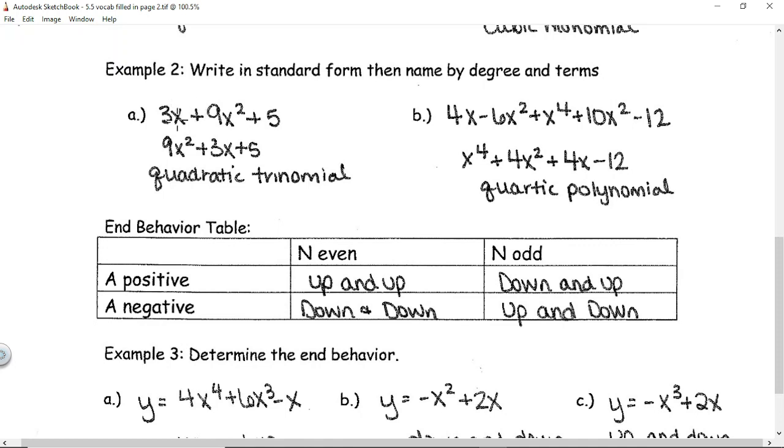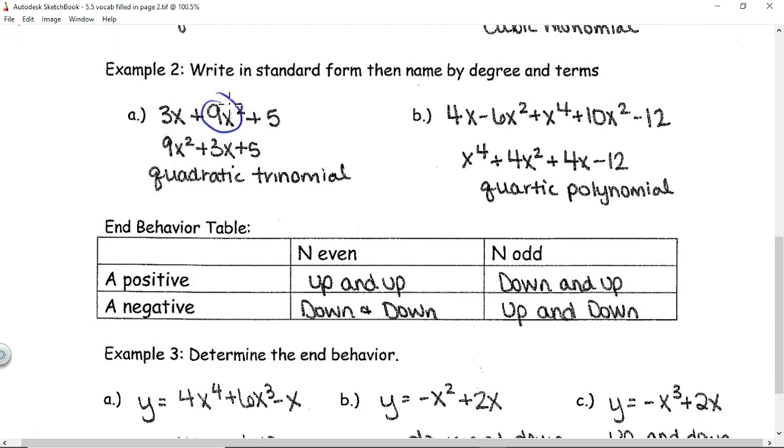So on this first one, write in standard form. Well, it's rearranged, right? At the beginning, this thing has this 3x first. Well, that has a degree of just 1, so that's not the greatest degree.